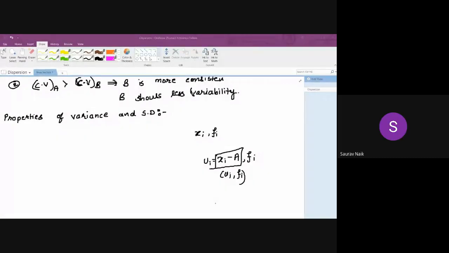Okay. Saurabh, what do you think? Will the change of origin affect the standard deviation or variance? I think so. Yes, it will affect.